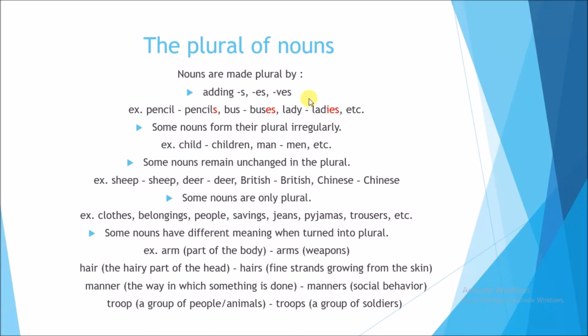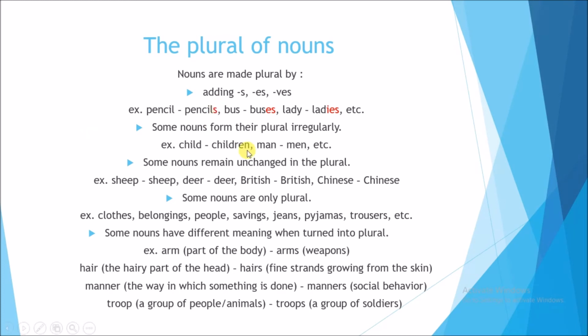But some nouns form their plural irregularly. Child, children. Man, men. Some nouns remain unchanged in the plural. Sheep, sheep. 1 deer, 5 deer. 1 British, 10 British. 1 Chinese, 11 Chinese.